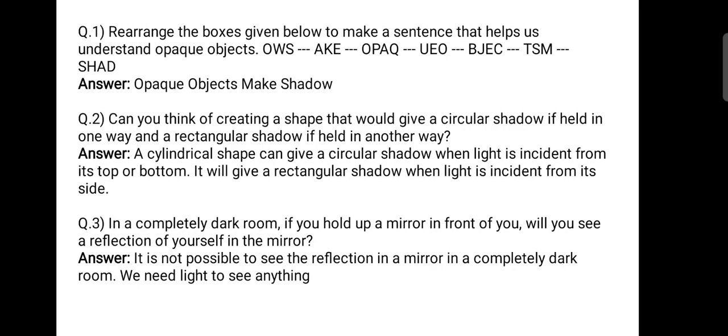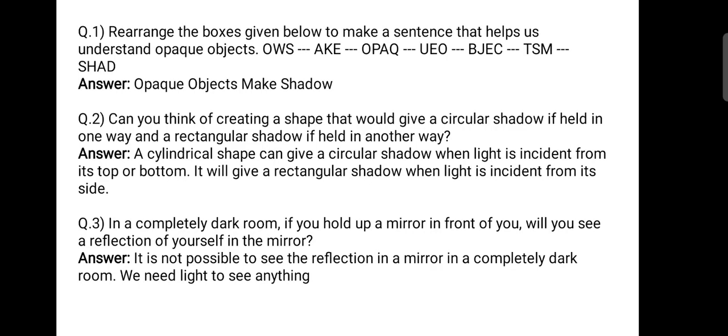So children, now see, a few letters are given like O, W, S, A, K, E, O, P, A, Q, U, E, O, B, J, E, C, T, S, M. So S, H, A, D. So children, you have to arrange these and make a meaningful sentence out of it.